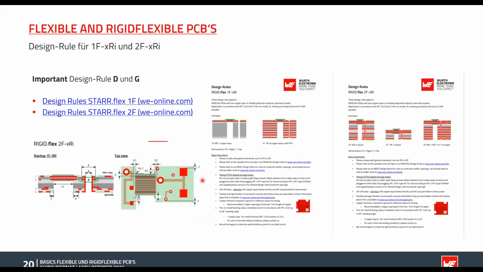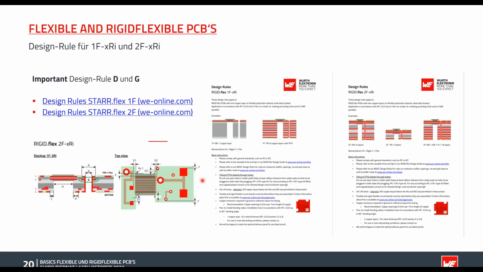Now we have learned that the production of a rigid-flex circuit board is fundamentally different from a standard rigid circuit board. Especially, the use of flexible materials and their mechanical processing requires elementary design rules.